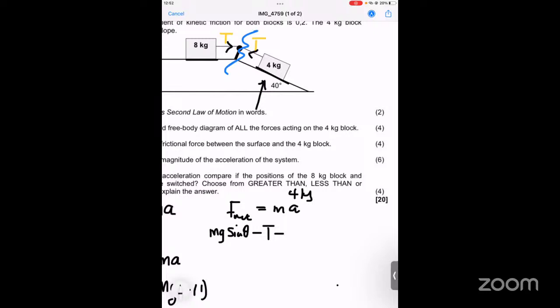Sir? What will be the frictional force formula on the 4 kg? Mu times mg cos.